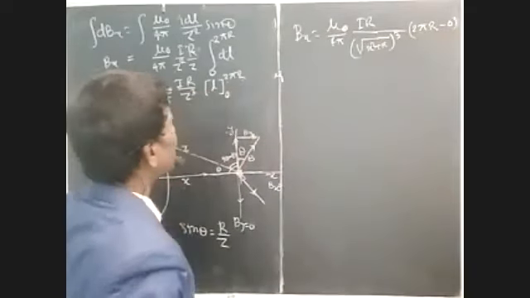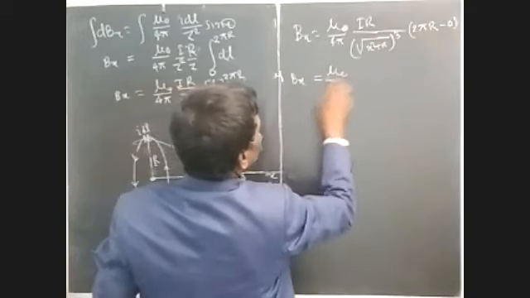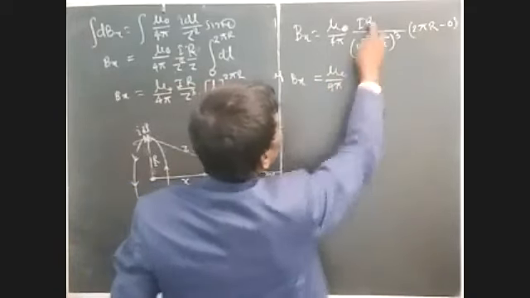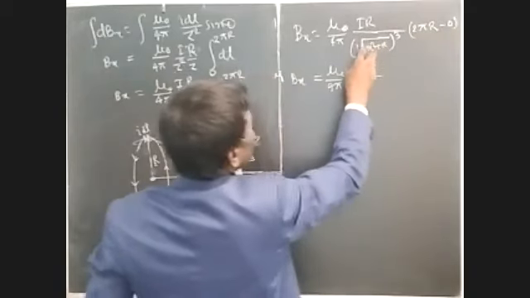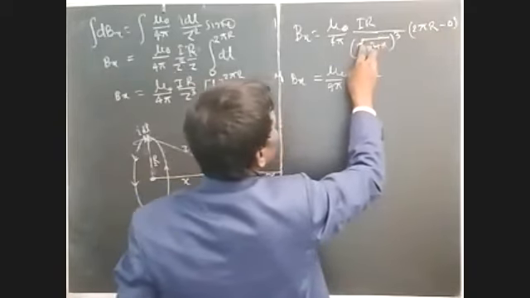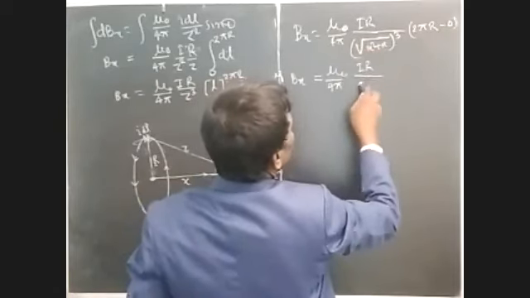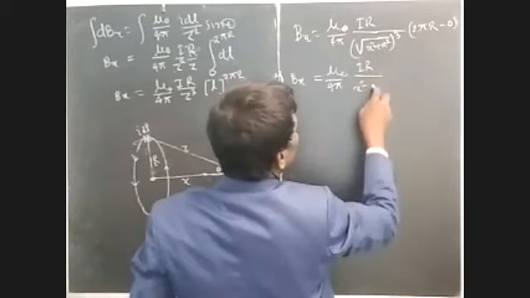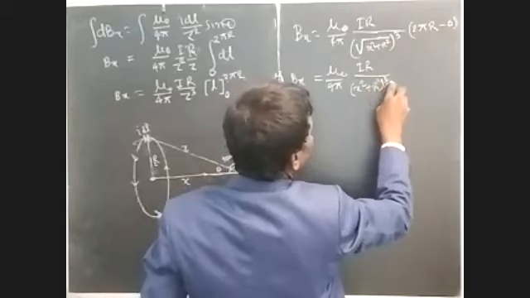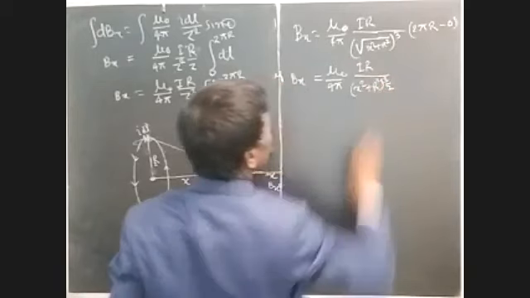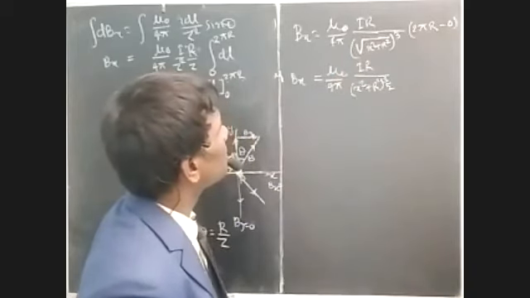I hope you understand. So Bx equal to mu naught upon 4 pi. This is the IR, and root under means what? If nothing is written here in the power, it means it is 1 by 2. So x square plus R square, we can write here 3 upon 2, 1 by 2 is root under, and this is denoted as the third power.